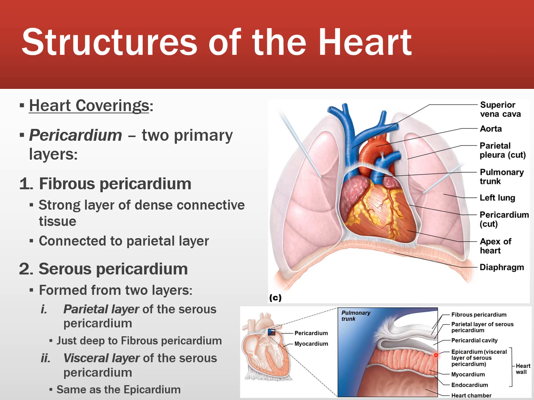And it's the same thing as the visceral layer of the serous pericardium, okay? And then we have the actual muscle of the heart, and that's our myocardium. Okay, so that's where our cardiac muscle lives. And then the endocardium is just lining all the chambers of the heart. So that's the innermost layer.